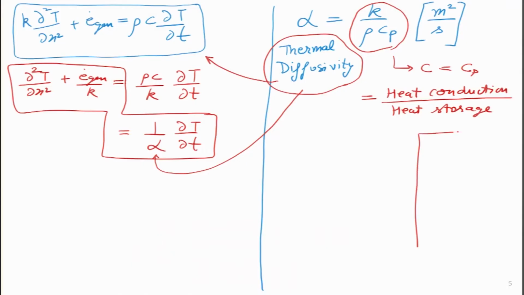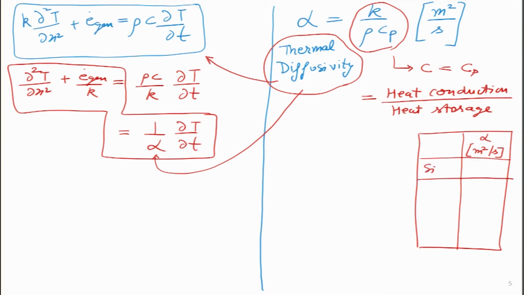So, let us look at certain materials which are typically around us in nature and try and see what are their alpha values or thermal diffusivity values. So, some very high value is obtained for silver, which is 149 into 10 power minus 6, and iron is much lower, it is 23 into 10 power minus 6.